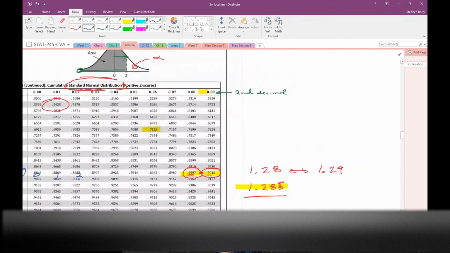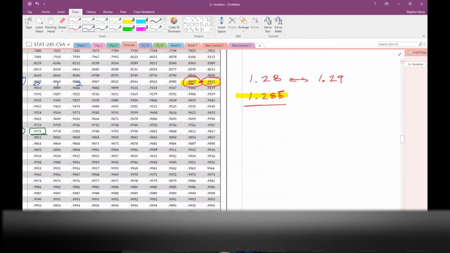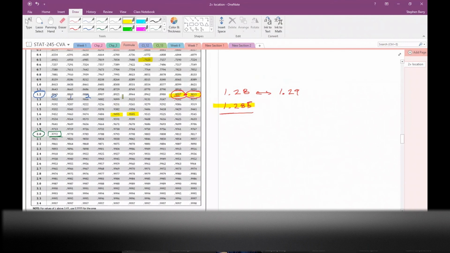It's going to be a positive score because it's on the right side of the mean. And then you would find 0.95, which is between two values. So again, you essentially just practice looking at this thing until you see that one's a little too big, one's a little too small. And then you can hunt down your first two digits here, 1.6.